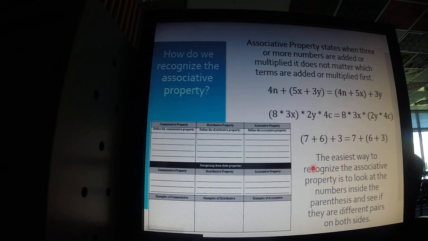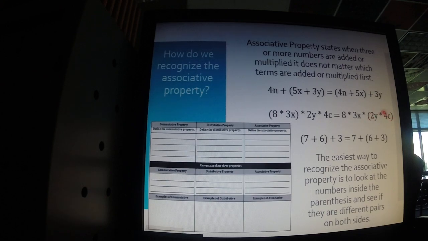So again, the easiest way to recognize the associative property is to look at the numbers that are inside the parentheses and see if they are different pairs. So here was 5x and 3y, here was 4n and 5x. Okay. Here is 8 times 3x first, but over here I have 2y and 4c first.